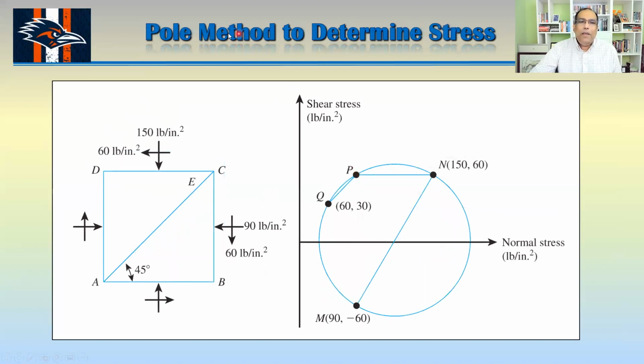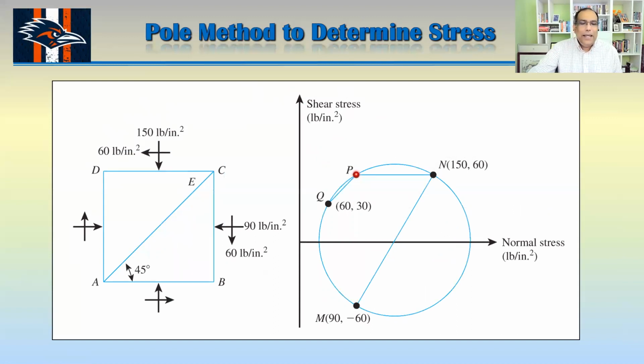Now, this is a very important thing that we use all the time in soil mechanics, which is called the pole method to determine the stress. We just try to find the pole, which is called P. This is a unique point on a Mohr circle, okay?